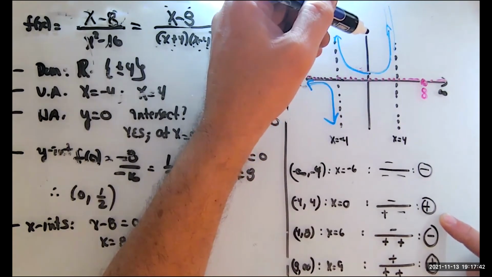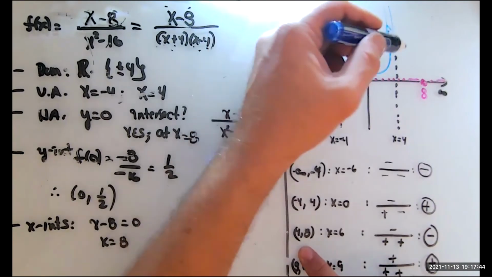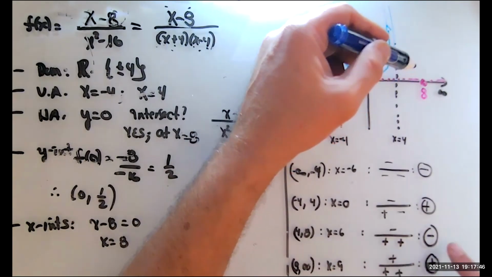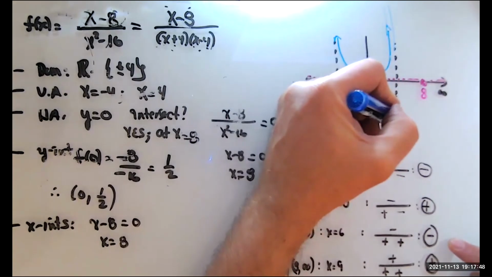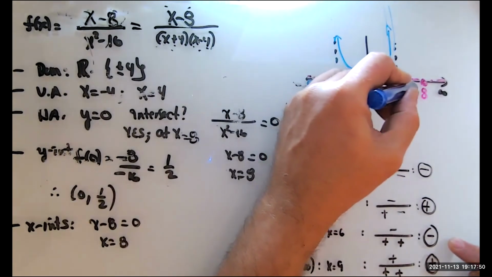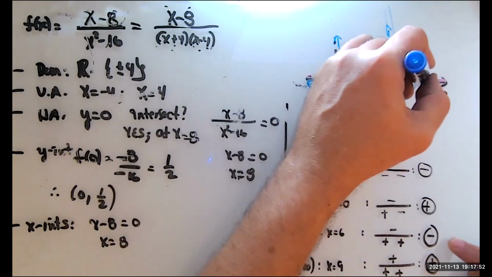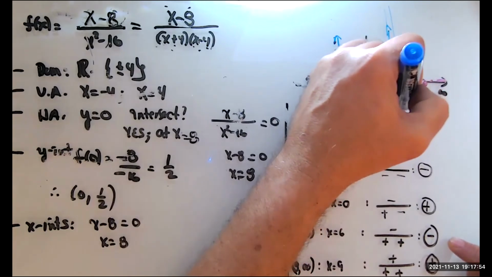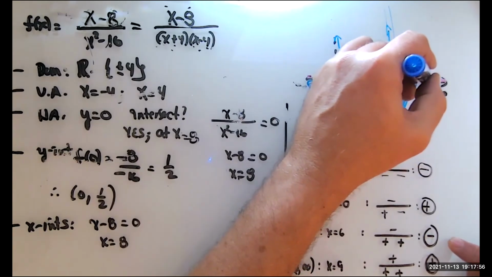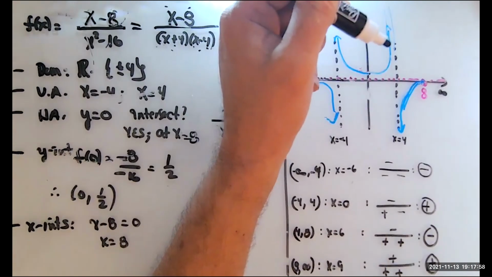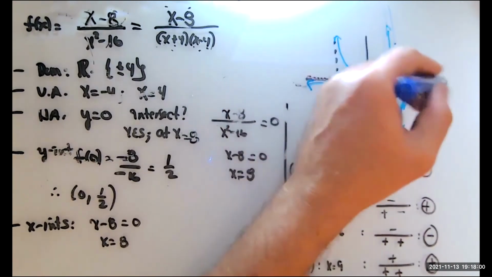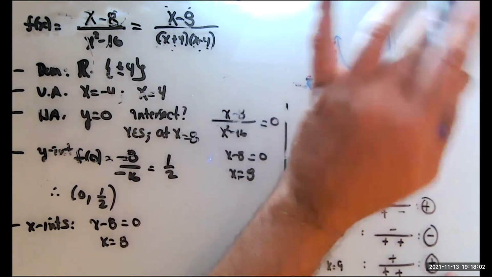This asymptote will let me continue going positive. And then from 4 to 8, the function is negative. So I come from the negative world and I must hit 8. That's my x-intercept, right here at 8. And then from 8 forward, the function is positive.